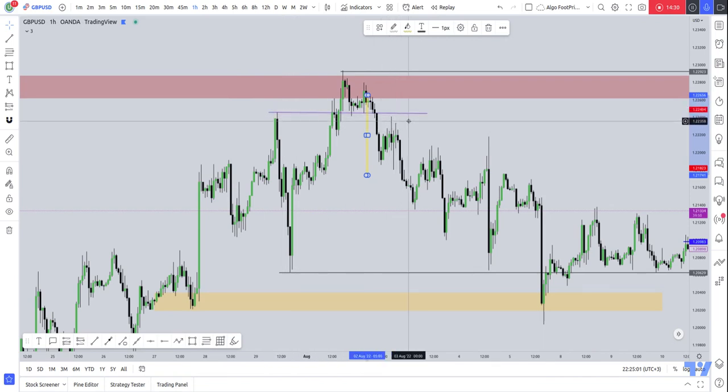Why is that? Because they cannot give these people a chance to close their positions either in profit or at break even. No chance is given to these people. It comes to the same level with this high that was taken out, and then price is taken down.